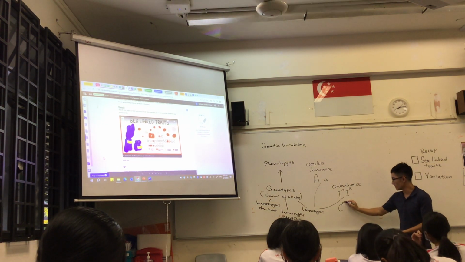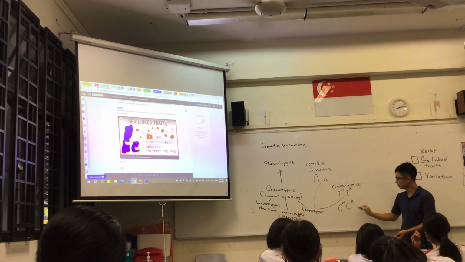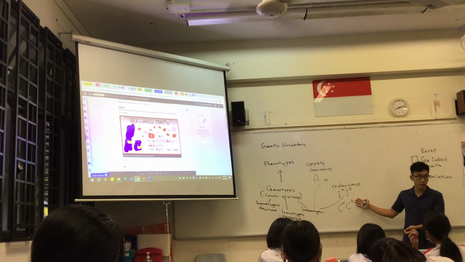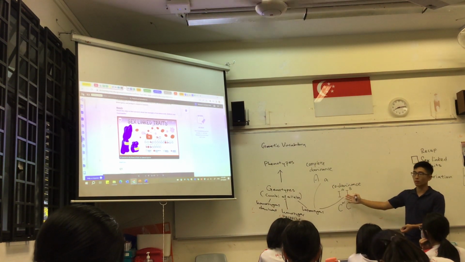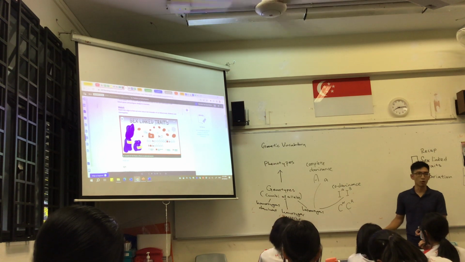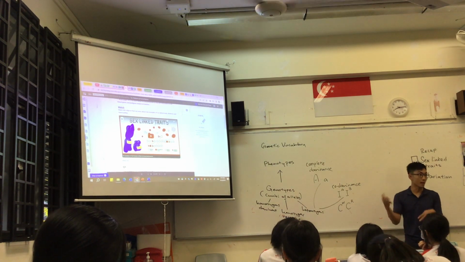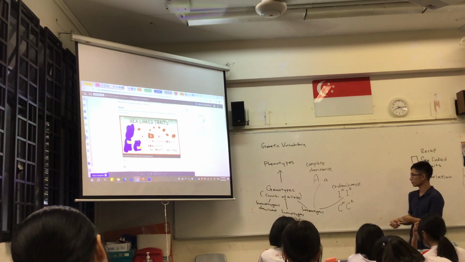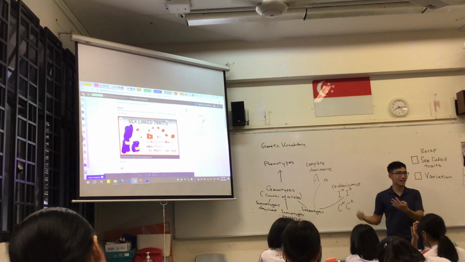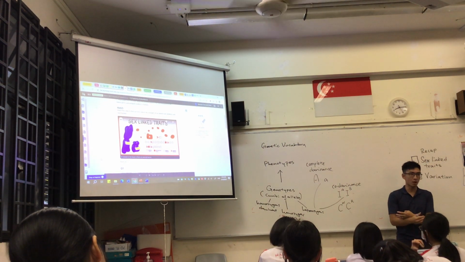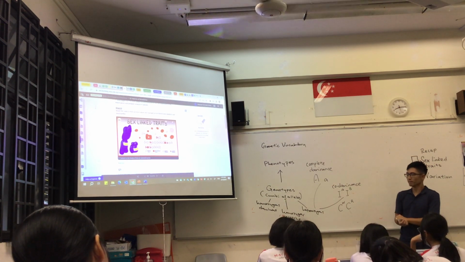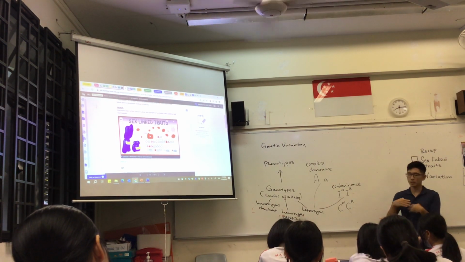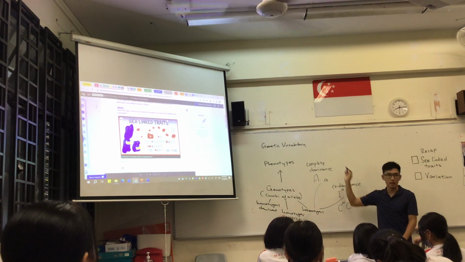CW, CR, where R represents red, W represents white. Together, you get a roan cow. A roan cow is one with white and red patches. So that's co-dominance. There are many other kinds of interactions, but you will learn more in senior high school if you take biology. But for us, we need to know these two as the basics.